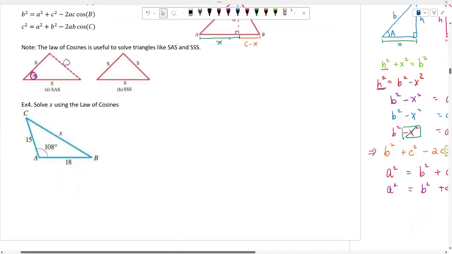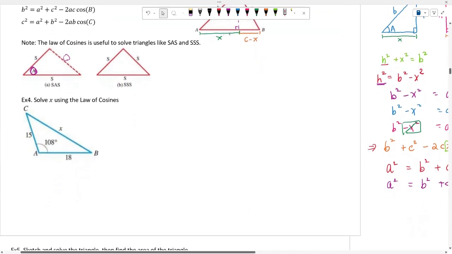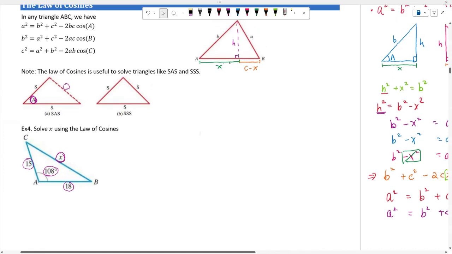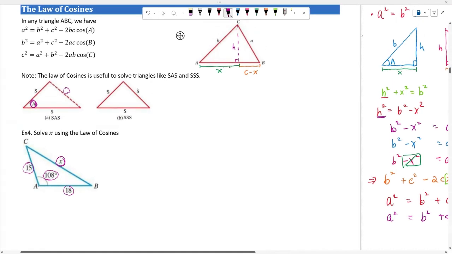Let's see how we use the law of cosines to help us work it out. In number 4 here, I would like to solve for x, and we find that x is opposite to this angle A, which is 108 degrees. The 15 and the 18 are adjacent to the 108 degrees. Just like the example that we have here, consider that this angle A is 108 degrees.